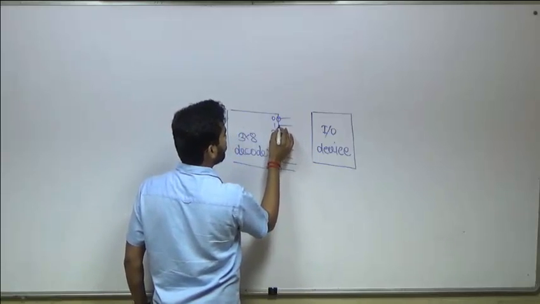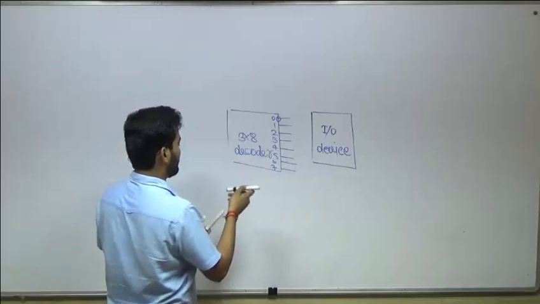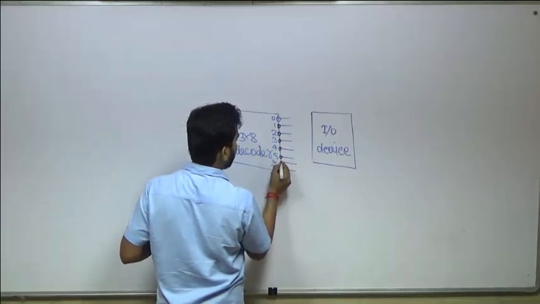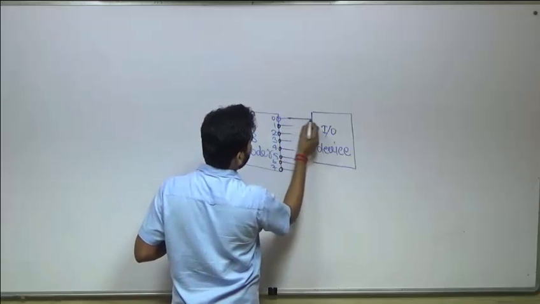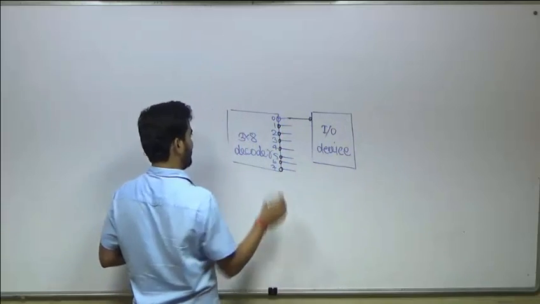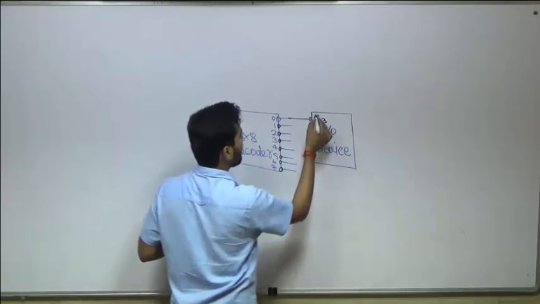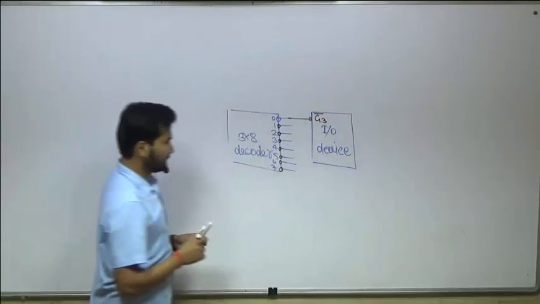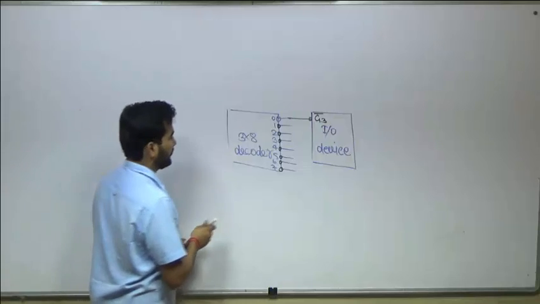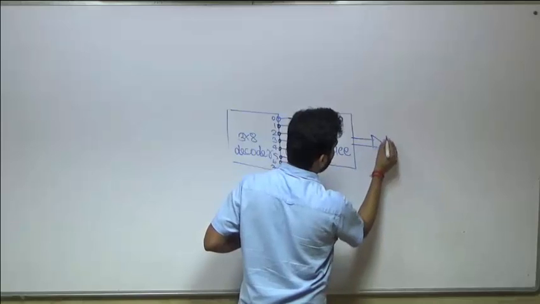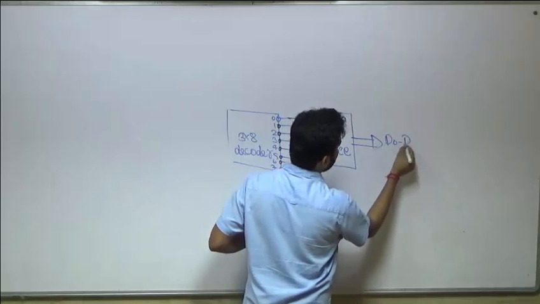This is an active low output decoder. The 0th pin is connected to the G3 bar pin of the input output device. This input output device has D0 to D7.